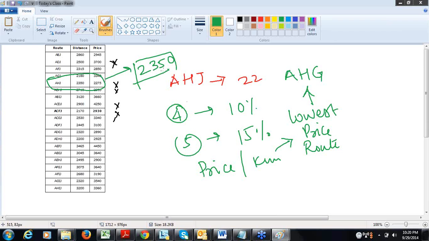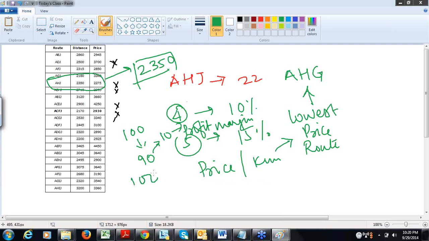See, margin means what? Some people are asking what margin is. The company says the price is 100, but in this 100 the cost is actually 90, and 10 is the profit margin that the company has put in. So this is margin.